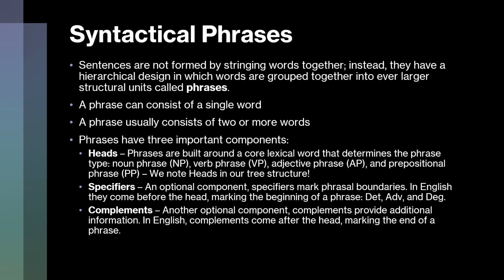And I'll note this here as well. We note heads in our tree structure. We do that by indicating the category, for example, N for noun, or V for verb, or A for adjective, or P for preposition, and follow that with a single quotation mark, which means head. Okay?